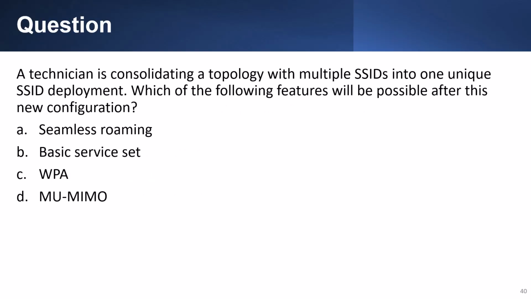Question: A technician is consolidating a topology with multiple SSIDs into one unique SSID deployment. Which of the following features will be possible after this new configuration? Answer: Seamless roaming.